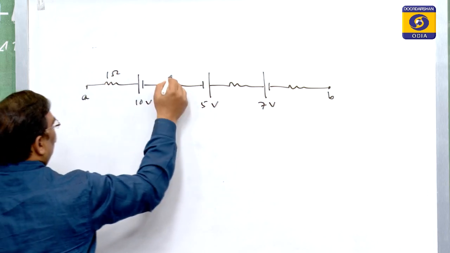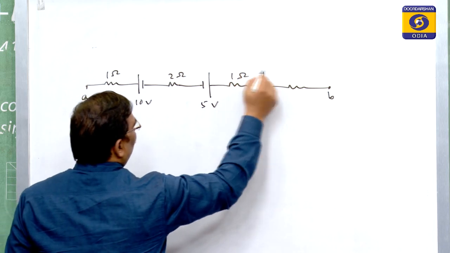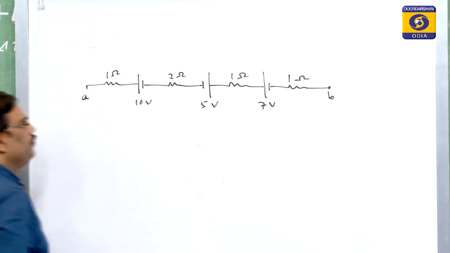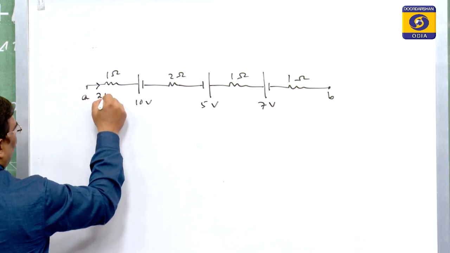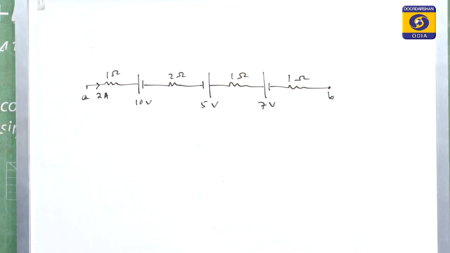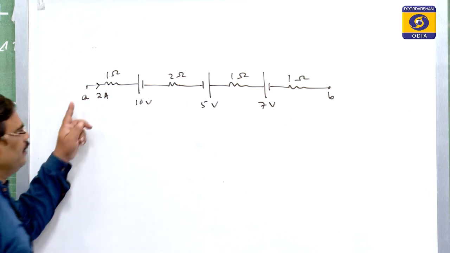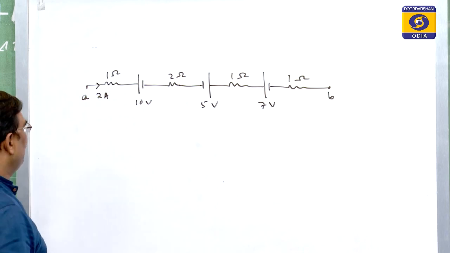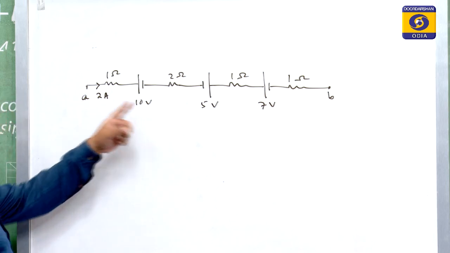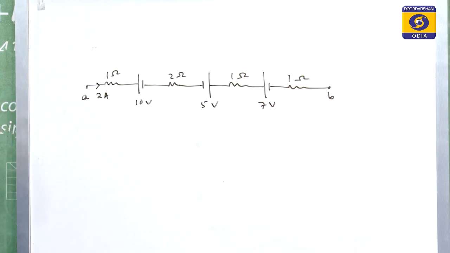This is 1 ohm, 2 ohm, 1 ohm and this is 1 ohm. And if a current of 2 ampere is flowing in this linear chain of resistors and cells, then what is the potential difference between A and B?